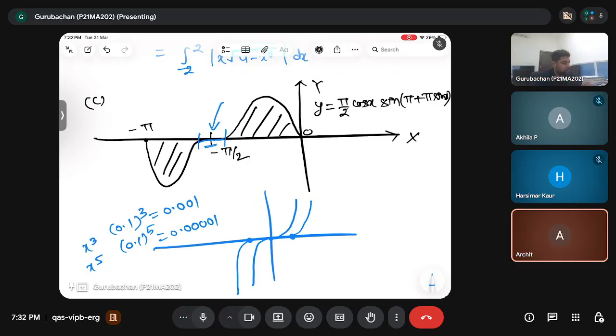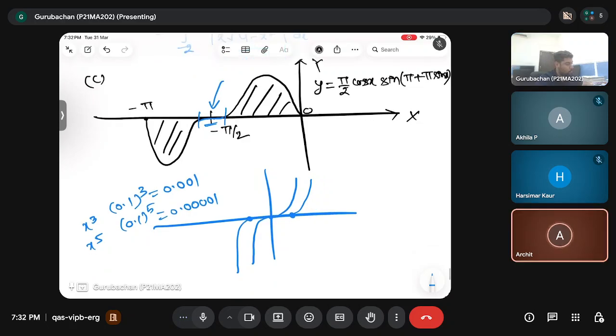So what's your answer? Sir, calculating, sir, in the last step, cos t by 2 limit 0 to minus pi minus cos t by 2 limit minus pi to 0. So let us do it here also.